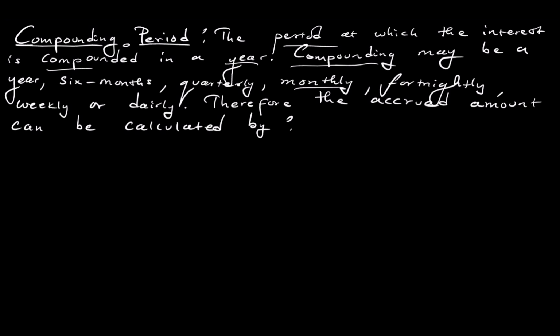Therefore, the accrued amount can be calculated by saying the accrued amount is equal to the principal amount times 1 plus the annual interest rate divided by n, raised to n times the period of time.